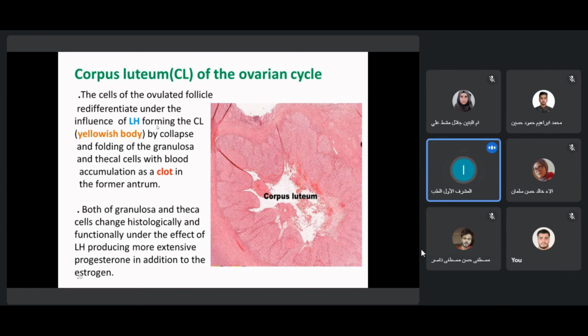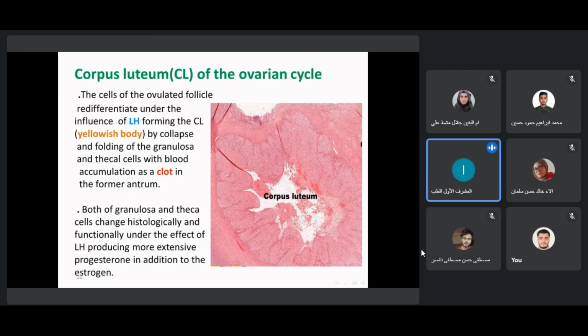After ovulation at day 14, in the second part of the cycle, from day 14 to day 28, the predominant hormone is LH. The LH will act on the remaining cavity to develop the corpus luteum, the yellowish body.